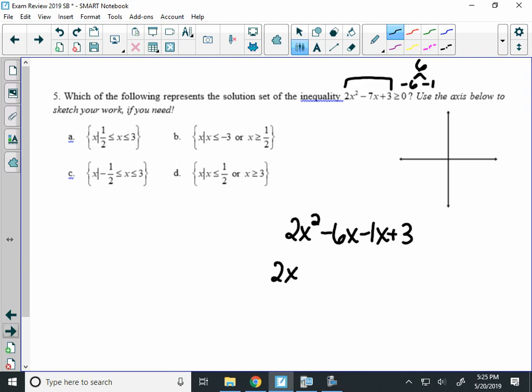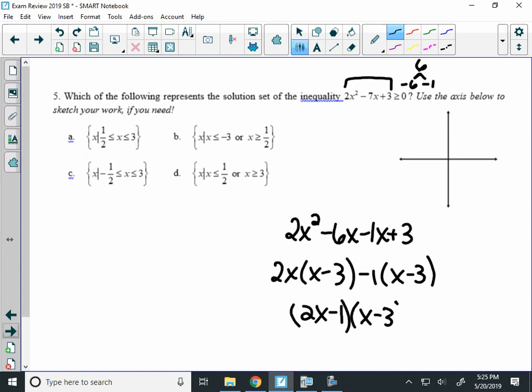I'm going to pull out a GCF from each term, and I get the factored form of 2x minus 1 times x minus 3. Now that tells me that I have x-intercepts or solutions at +1/2 and +3. So I'm going to make a sketch here. +1/2, +3. I'm going to have a graph that opens up because the 2 is positive.